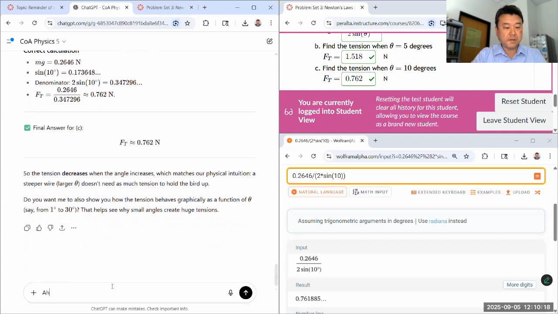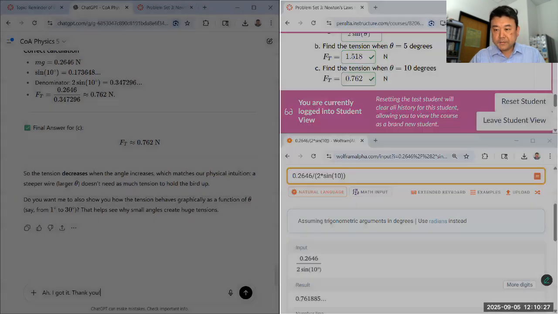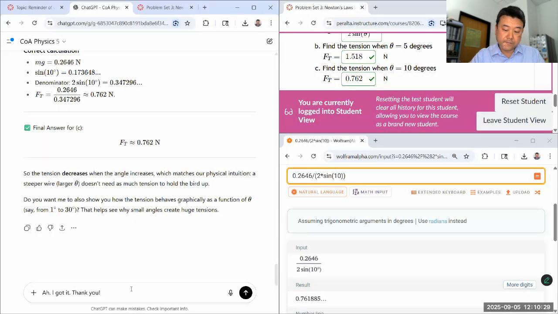Oh, yeah, I got it. Thank you. And let me just paste this in to wrap this up. This is something new I'm doing this semester. I don't have any experience writing system instructions, especially.